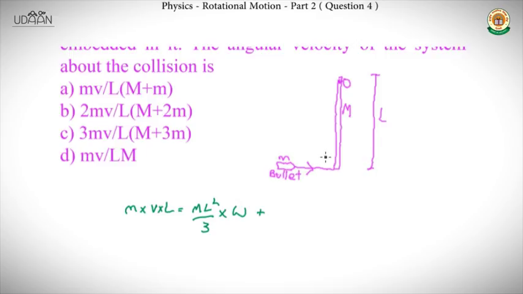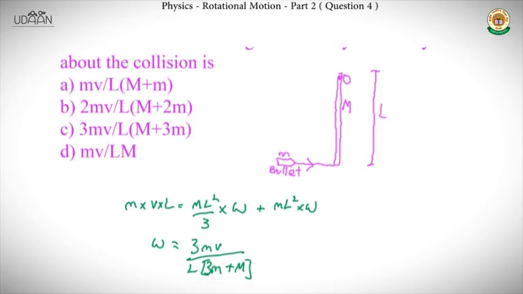This will be given by m into L square, which is the moment of inertia of just this bullet about the point O about which we are conserving the angular momentum, into omega. A very simple linear equation which we can easily solve to find omega, which will be equal to 3mv by L into 3m plus m.